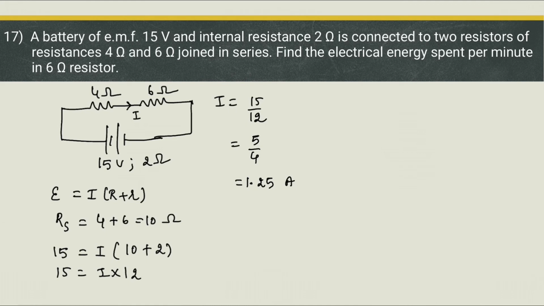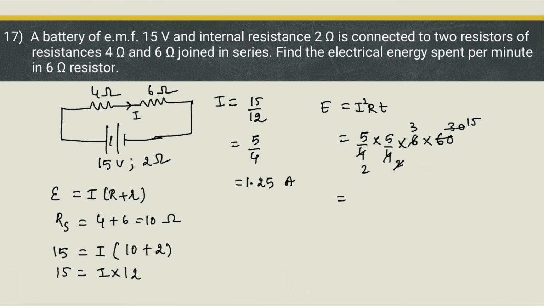Now we can use the formula E is equal to I square RT to find out the energy spent in 6 ohm resistor per minute. Current is 1.25, or let me write 5 by 4. So I square is 5 by 4 into 5 by 4 into resistance value is 6 ohm and time is 1 minute or 60 seconds. 2, this is 3, this will be 30, 2 and 15.